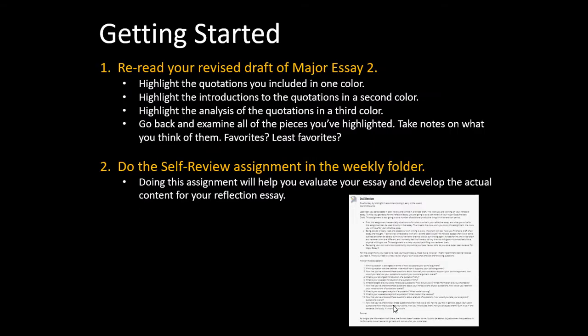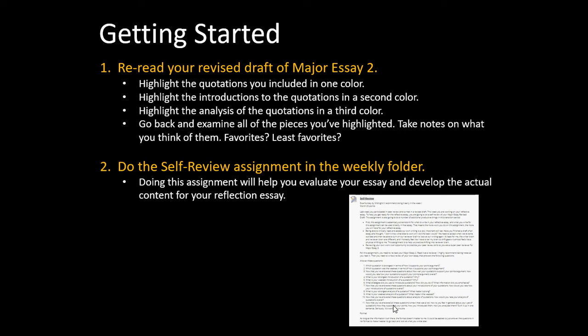Once you've done all of your highlighting, go back and examine all of the pieces you've highlighted. Take notes on what you think of them, favorites, least favorites, that kind of thing. And then when you've done all of that, go to step 2 of getting started, which is to do the self-review assignment in the weekly folder.